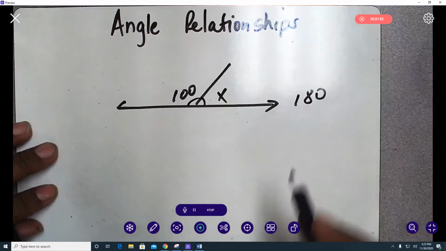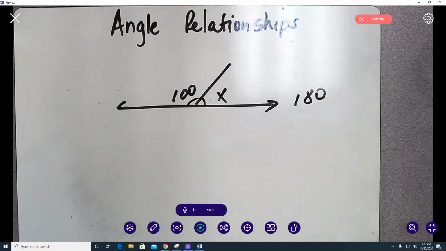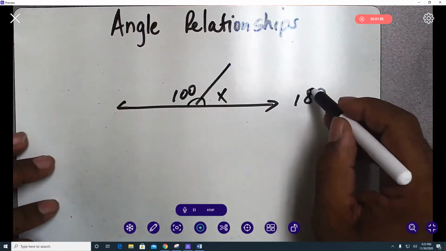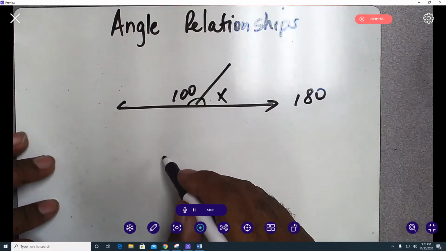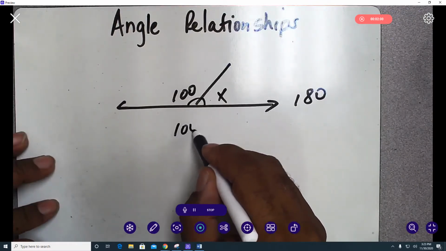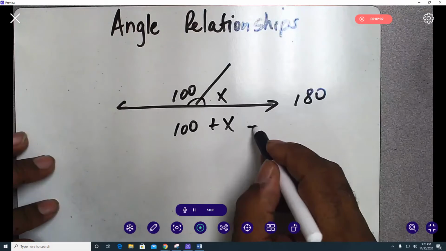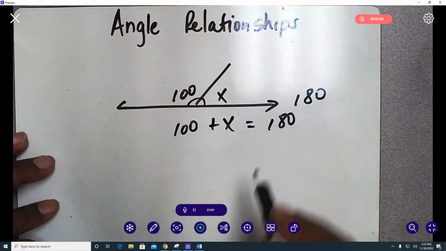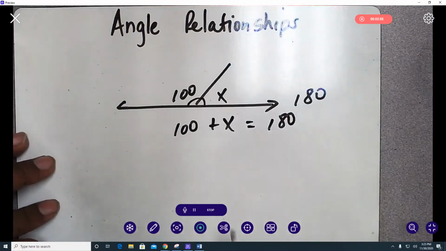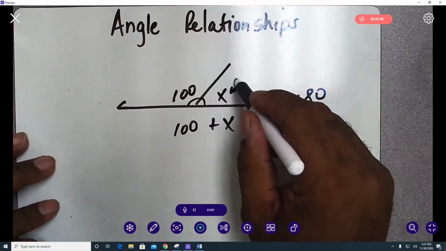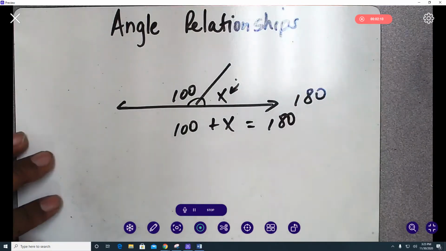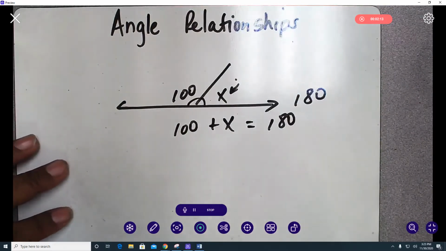We know the total of the angles that make a straight line is 180 degrees. So the equation for this would be 100 plus x is equal to 180. And to find out what this one is, we just solve the equation like we normally solve equations.